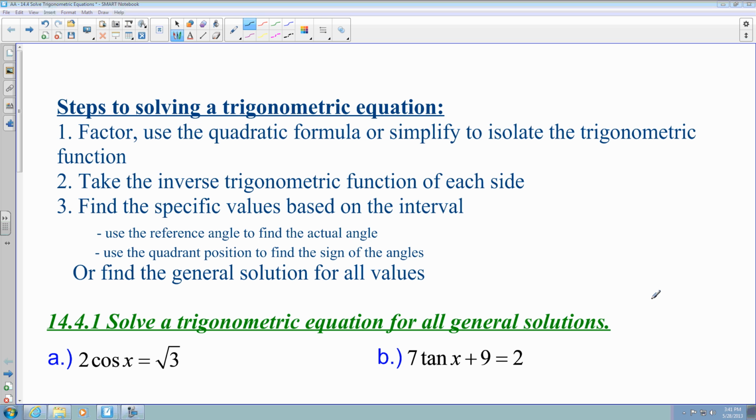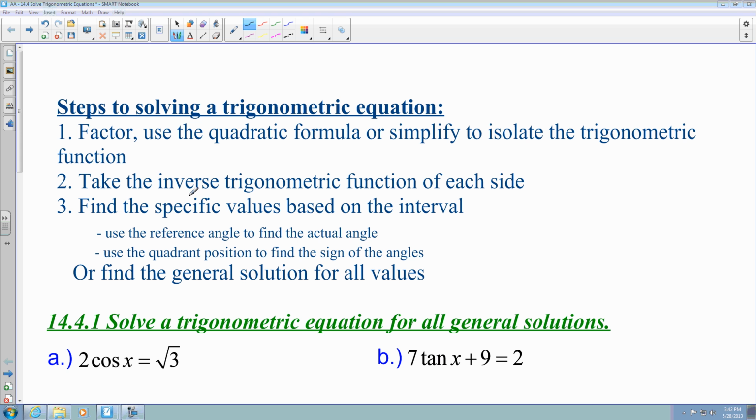So this is going to be part 1 of 14.4, where we solve trigonometric equations first in a general solution. The second part for today will be what we do if we have an interval.